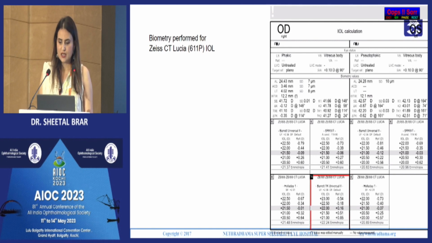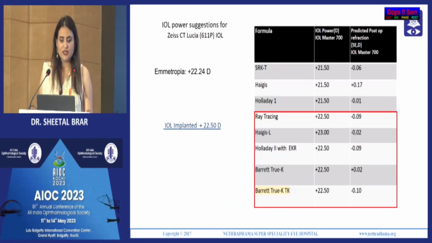a monofocal lens. And we checked with different formulae, and here you can see on the top the three formulae are the third generation formulae, and then the ray tracing, Haigis-L, Holladay 2 with EKR, and Barrett True K and True K TK. They are all specific post-refractive surgery formulae, modern generation.